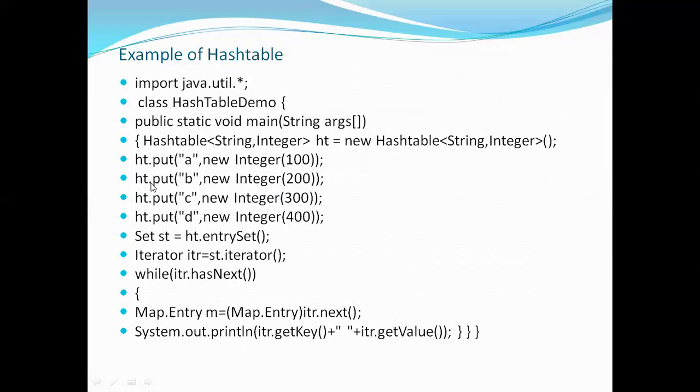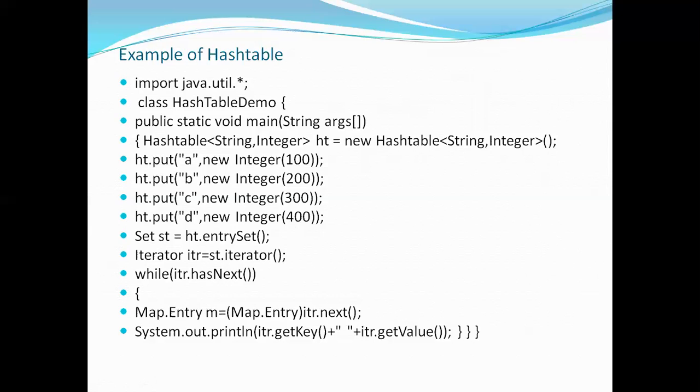While entering, I'm entering both the pair, that is value and key. So here I'm entering value A and key 100. So A 100, B 200, likewise. So I'm entering the pair here. Next, I'm taking the set. Using entrySet, you can retrieve the entries one by one in order from the hash table.